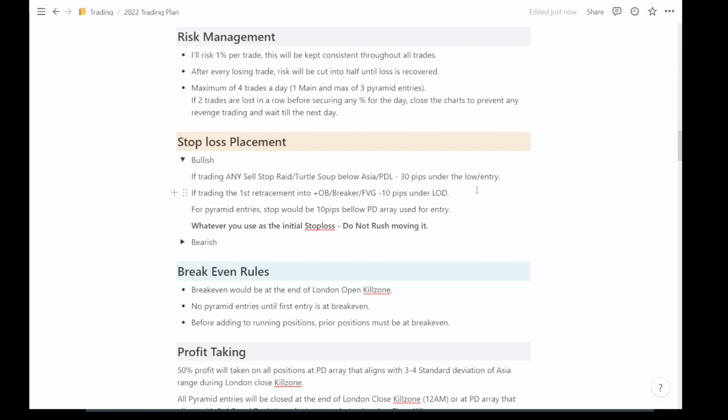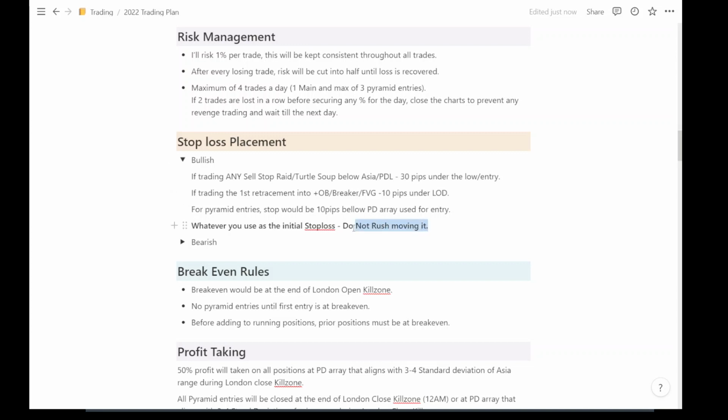Okay, the low or high of the day. Okay, and for pyramid entries as well, I'm going to use 10 pips above or below my POI. Okay, if I'm using another block, I'll use 10 pips above the other block. If I'm using a fair value gap, I'm going to use 10 pips above the high of the fair value gap. Okay, now once I have entered, I'm not going to move my stop loss so fast.